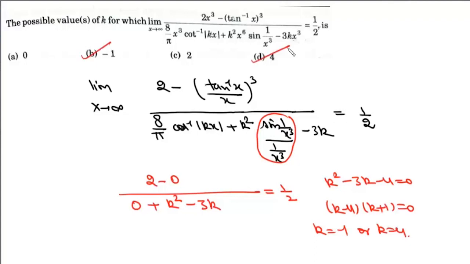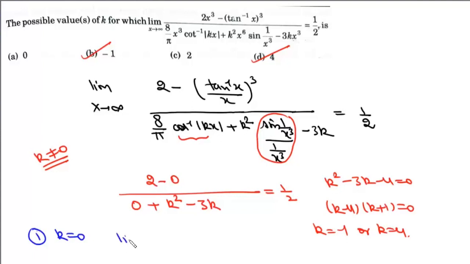Options B and D. Now we have this case when we have assumed that this k is unequal to 0, because this expression cot inverse kx will make a difference whether k is 0 or non-zero. So we have to consider one more case, considering k equals 0. Now if k is 0, we'll have cot inverse 0, and cot inverse 0 will be pi by 2.